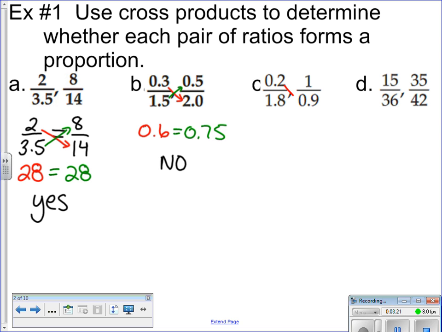And the next one, I'm going to multiply 0.2 times 0.9, and that's 0.18. Next, I'm going to do 1.8 times 1, which is 1.8. If I look, these two are not the same, so I answer no to whether this is a proportion.